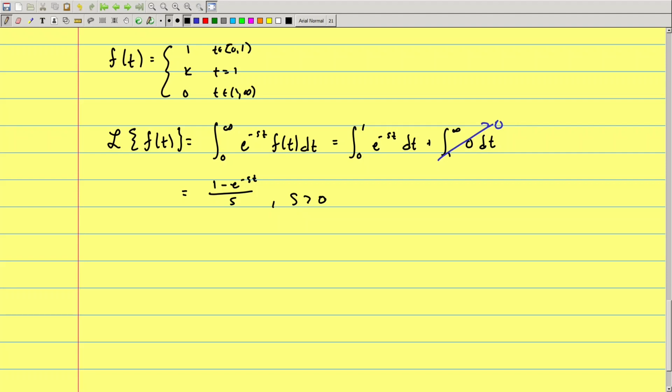And so the idea is if we have a function that jumps, if we have a function that is 1 up until 1 and then goes down to 0 at t equals 1, then its Laplace transform looks like this. All right.